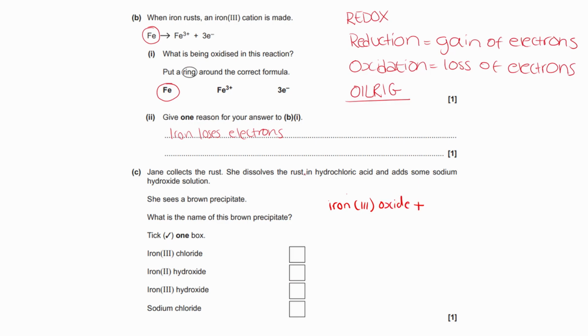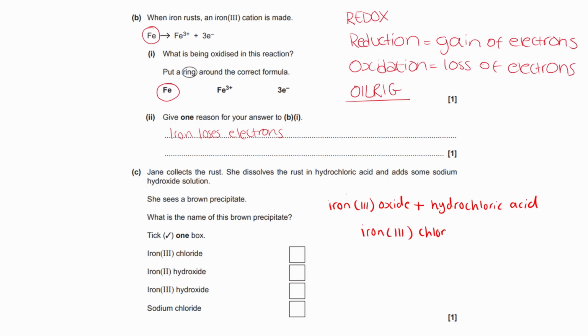And she puts it in hydrochloric acid, so it's reacting with hydrochloric acid, which is a strong acid. So the general equation for a metal oxide and an acid is salt and water. The name of the specific salt that we're interested in is iron chloride, because we're reacting with hydrochloric acid. So we have iron chloride produced.